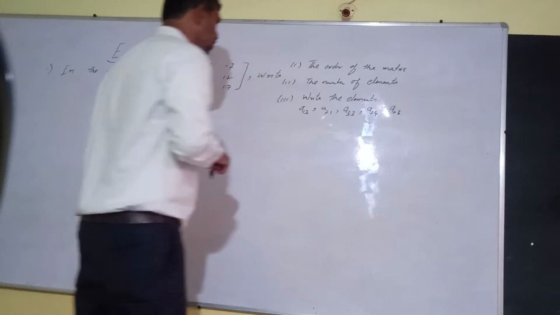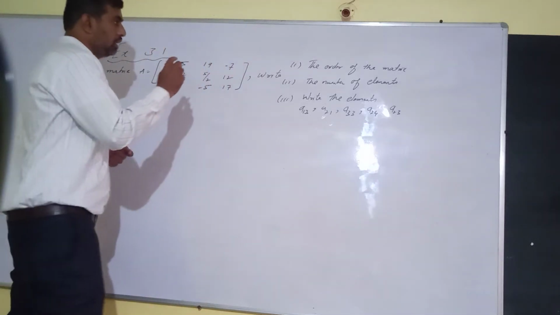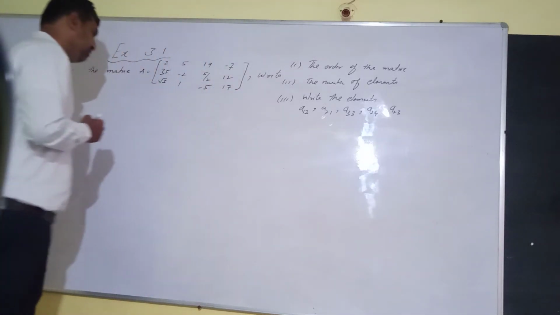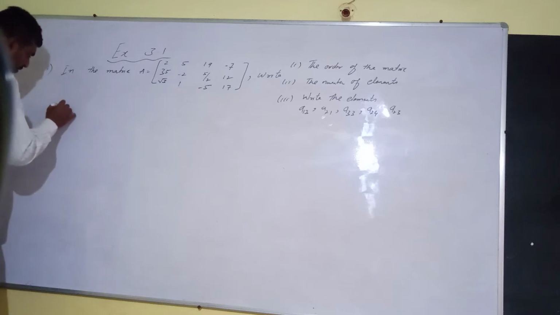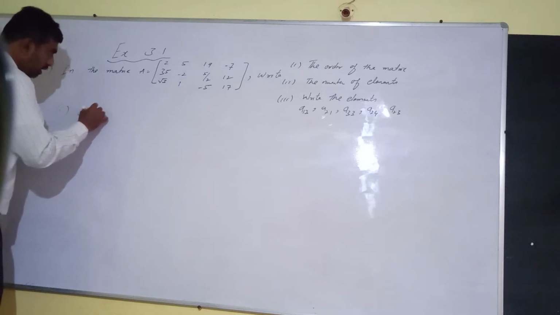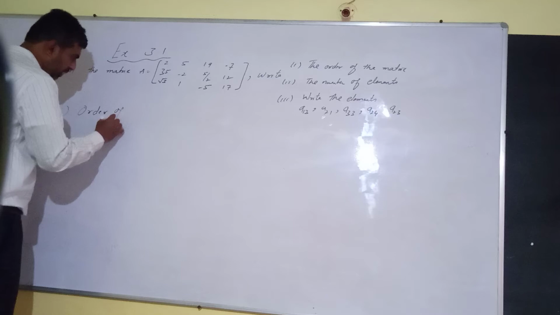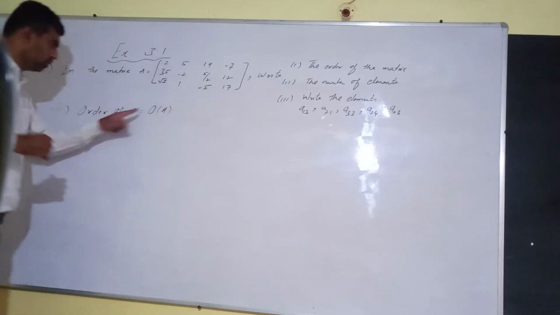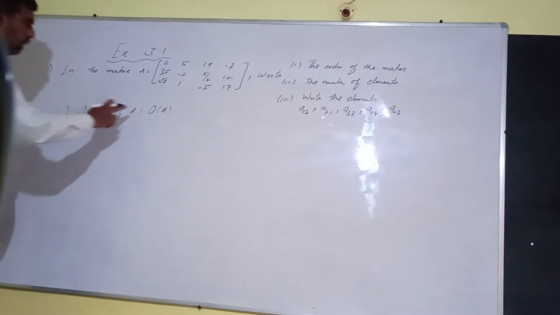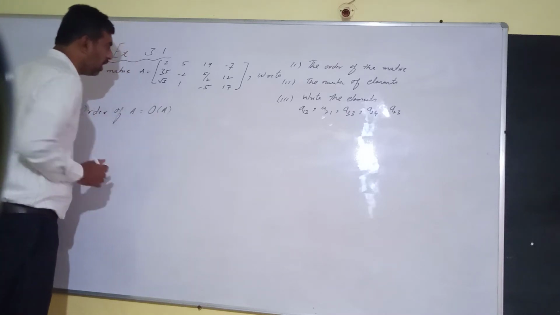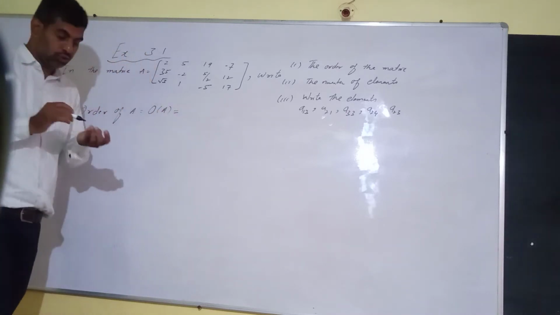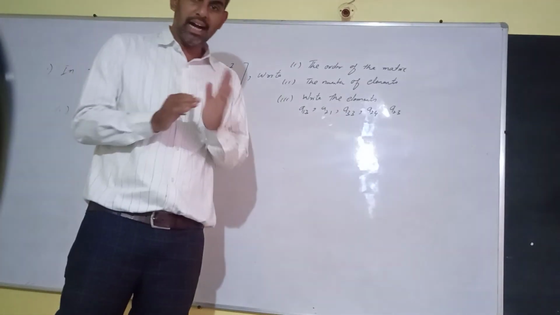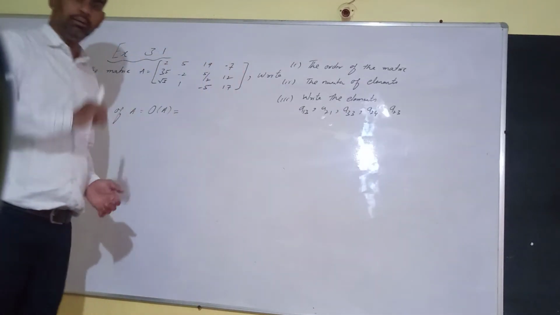This is the very first question: the order of the matrix. We write it as order of A. What is the order of a matrix, students? The number of rows and the number of columns present in the matrix.